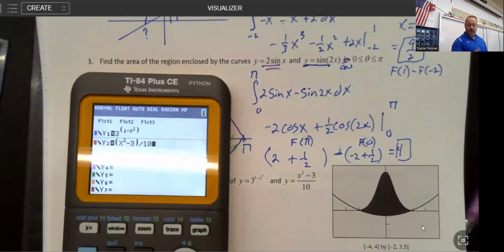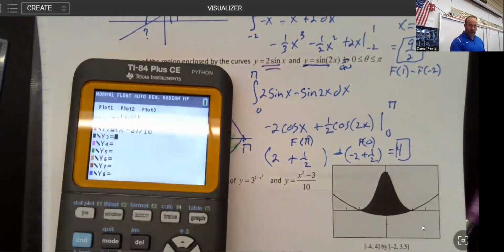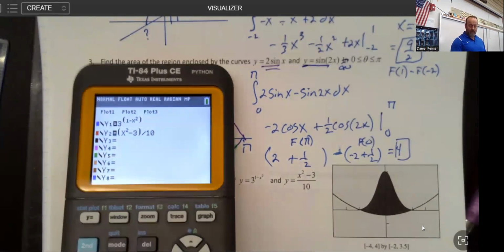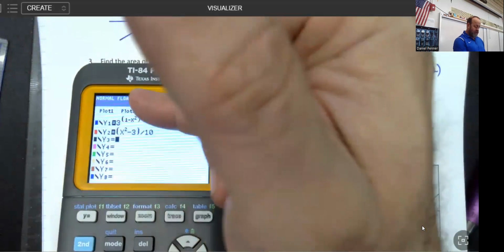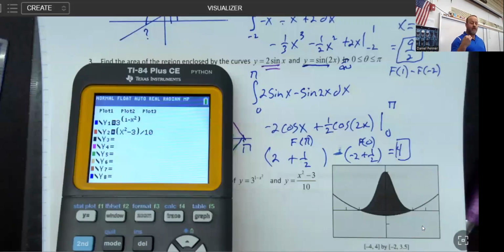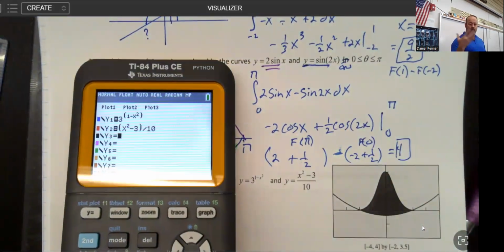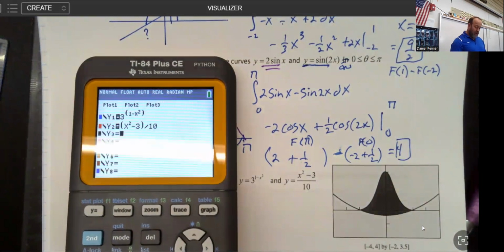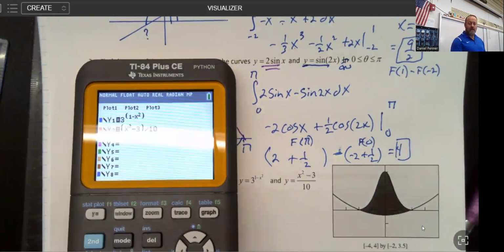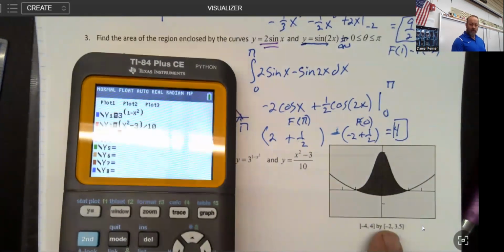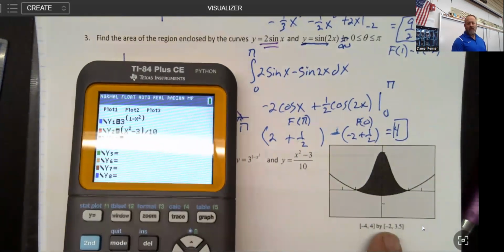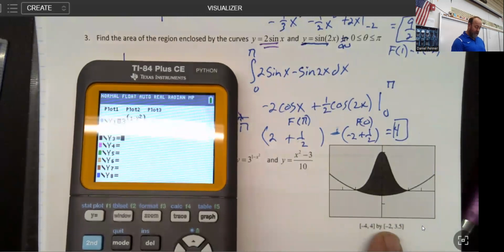I'm doing this without spelling it all out, but keep in mind that I put the exponent as well as the numerator in parentheses just to ensure that whole block was where I wanted it to be. Right here, there's a hint in the paper about the window I want to use for my calculator.